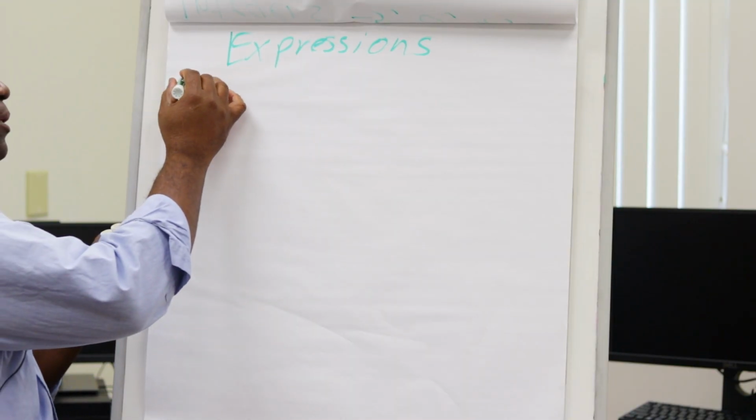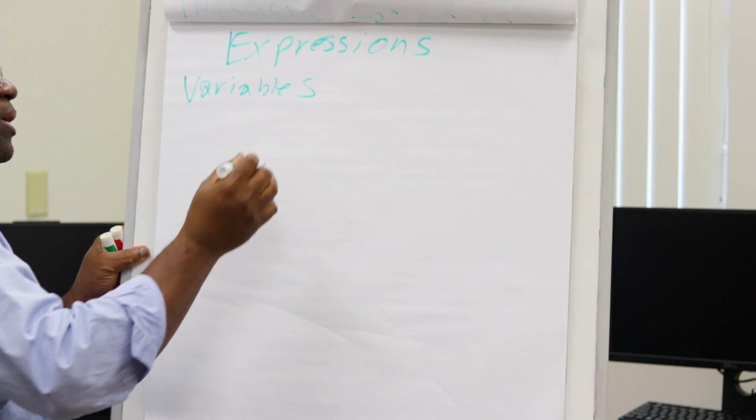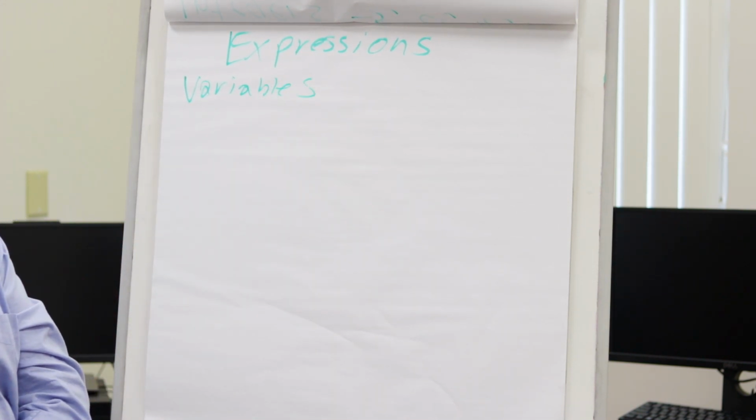The first thing we want to talk about in algebraic expressions are these things called variables. Variables refer to something in this math problem that I don't know. That's all it is. There's nothing more to it. It is what I don't know.